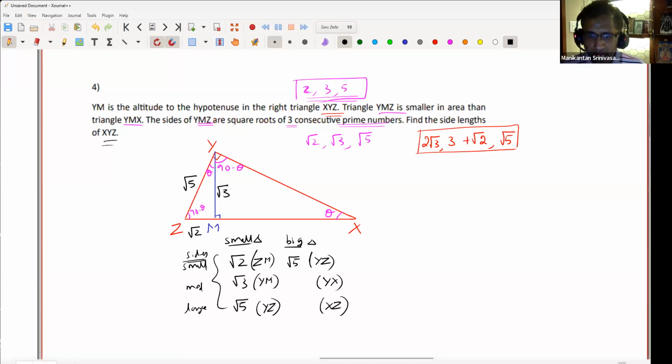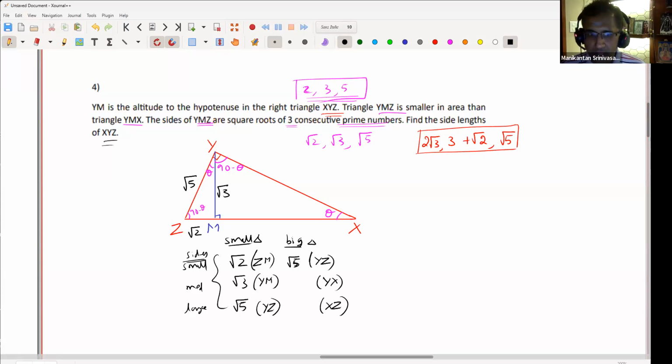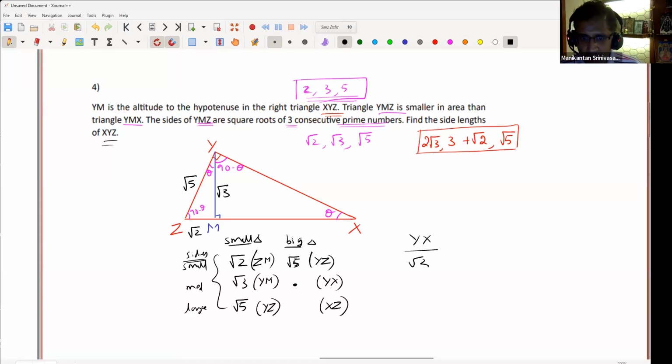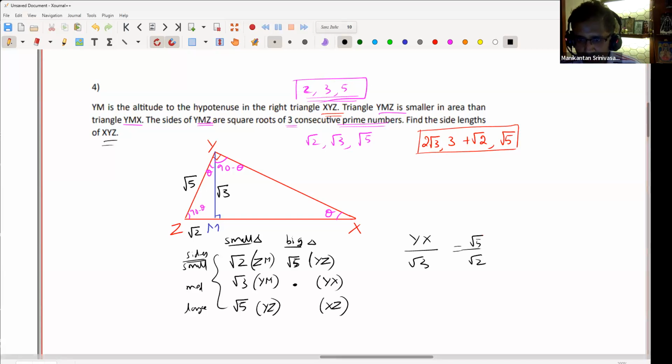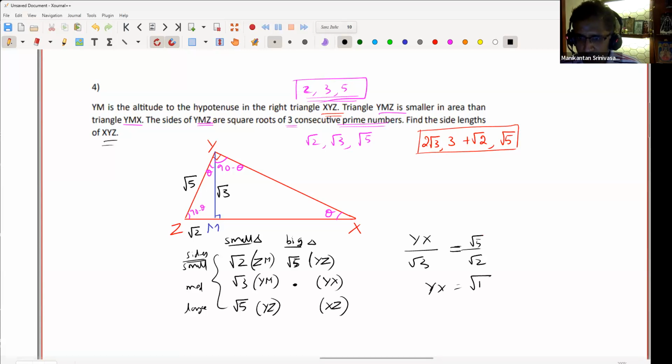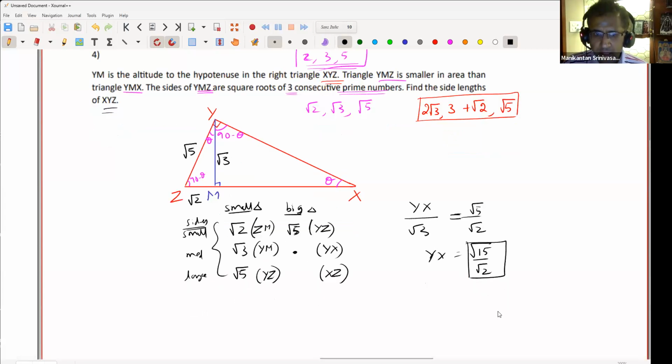Right? Are all of you with me on this? The correspondence, everything is okay. So we know the ratio is root 2 is to root 5. Therefore, we can find this easily. So let's say YX upon root 3 should match root 5 upon root 2. Therefore, YX is root 15 upon root 2. Similarly, let's say this is XZ.